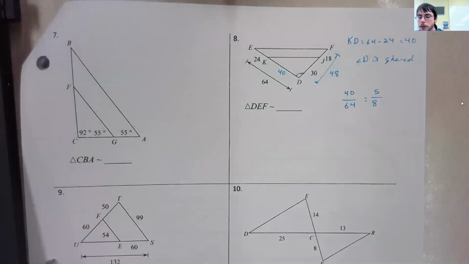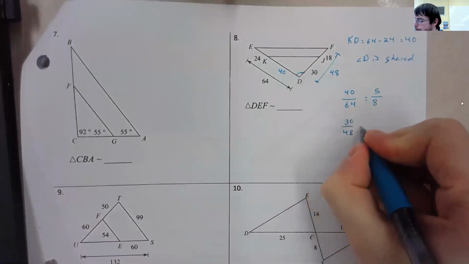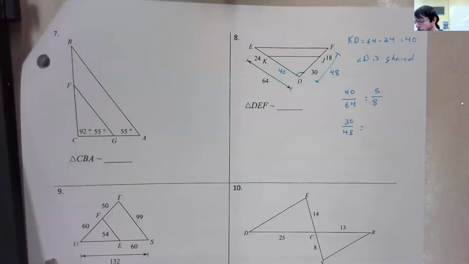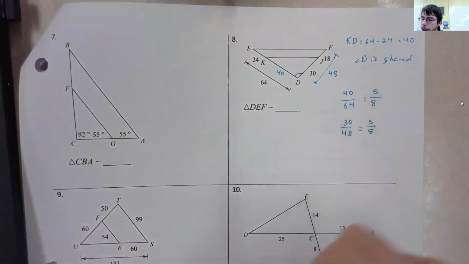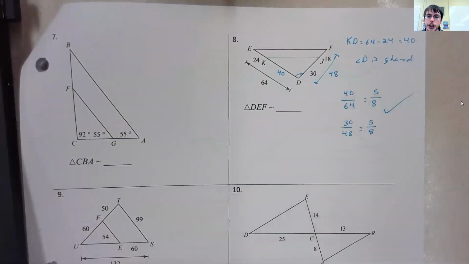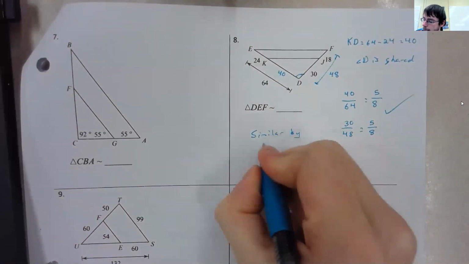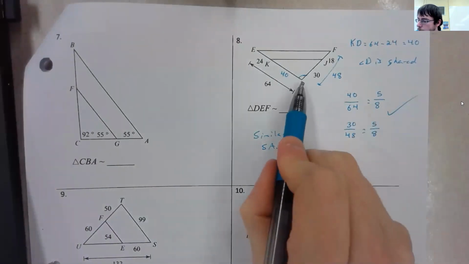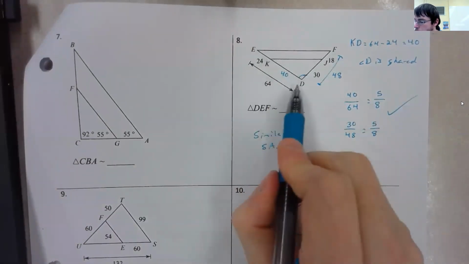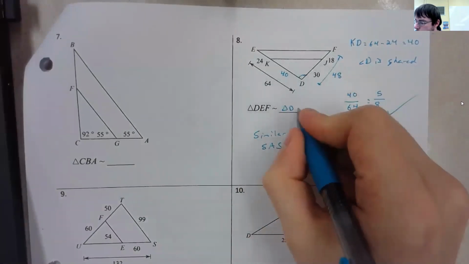Then we're going to do our other ratio. So we have 30 over 48. You can divide both of those by 6, and you get 5/8 as well. These are both the same ratio. That means they are similar by side angle side. So triangle DEF would correspond. D is itself, K, and then J.